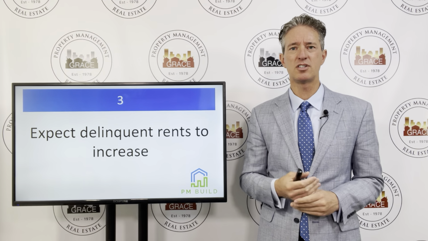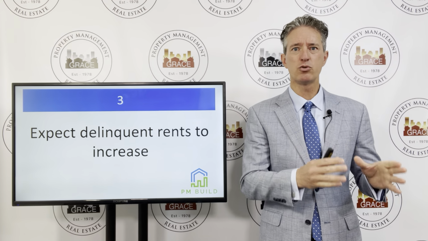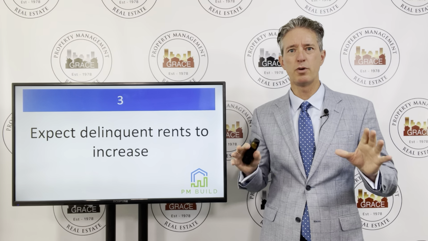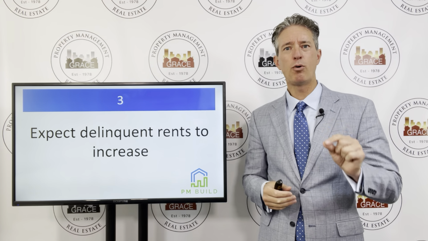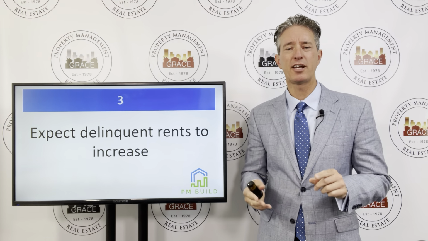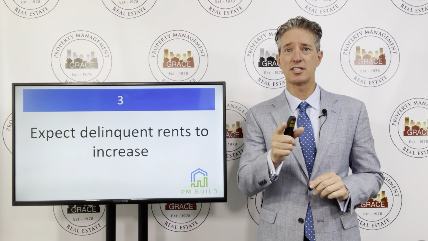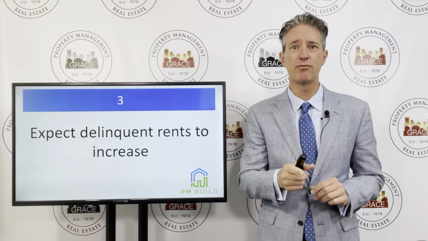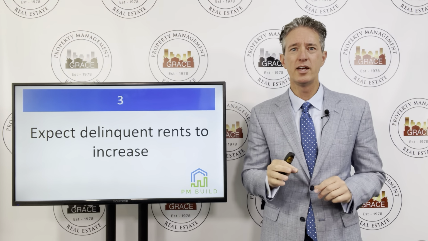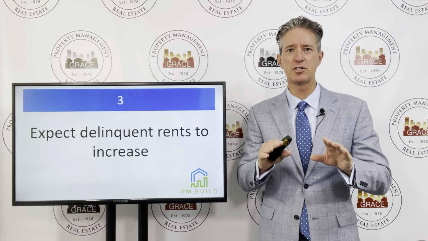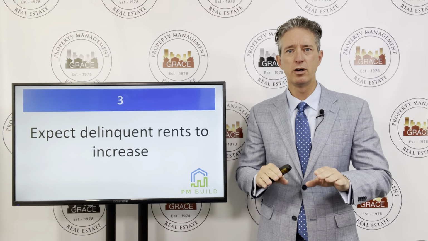It just is. That's just the nature of the individuals renting the property and that group of folks that are paying. So that's why it's important for you to track this every month, because you're not measuring against the industry. You're measuring against yourself last month. And then you're measuring against yourself the next month and the next month. Your goal is to just take your internal delinquency rate and drop it a little bit lower over time.